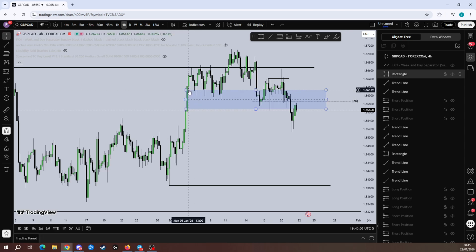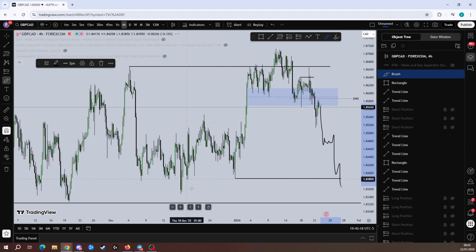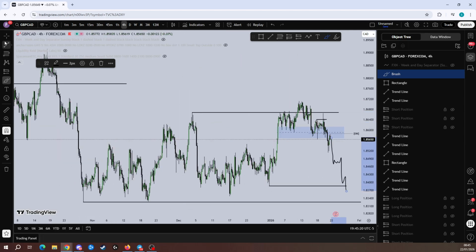As long as we don't get a closure above this 4 hour inversion fair value gap, as long as we don't reclaim that, I'm anticipating price to continue lower down here, and then eventually come for these lows, all of these equal lows here, right?